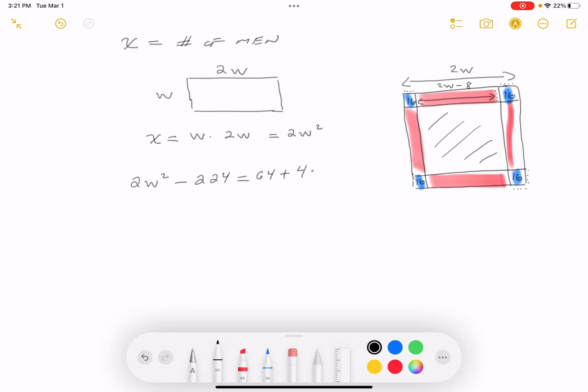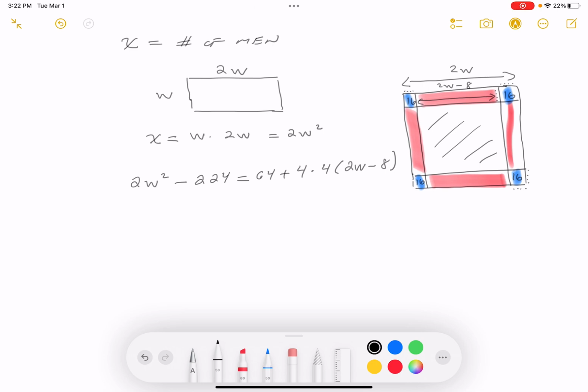How many men are in those red areas? Well, 4 wide, and the length of it's going to be 2W minus 8. Now, before I proceed, W better be an integer. You can't have half a man. It also has to be non-negative. 1 man, 2 man, 3 man, 4 man.